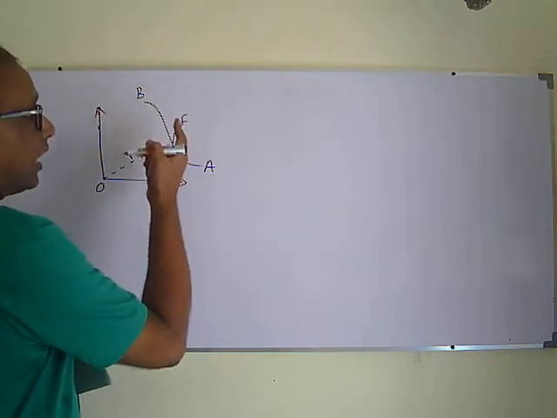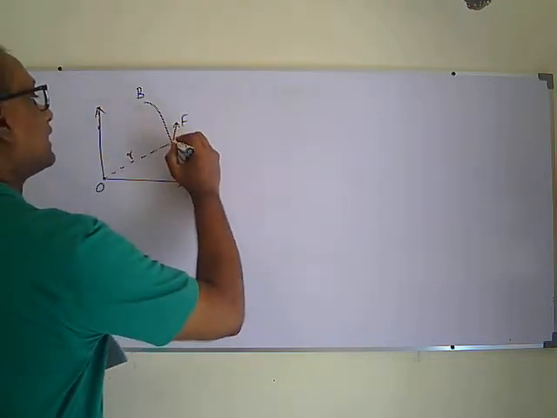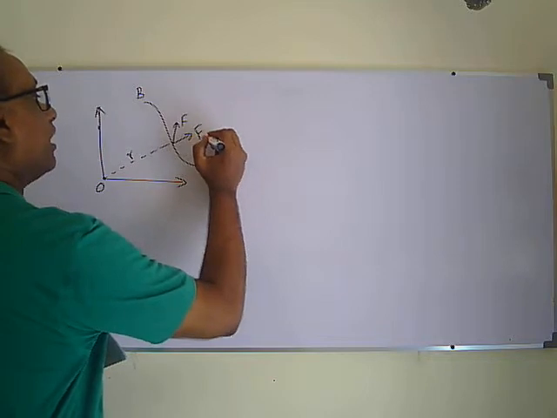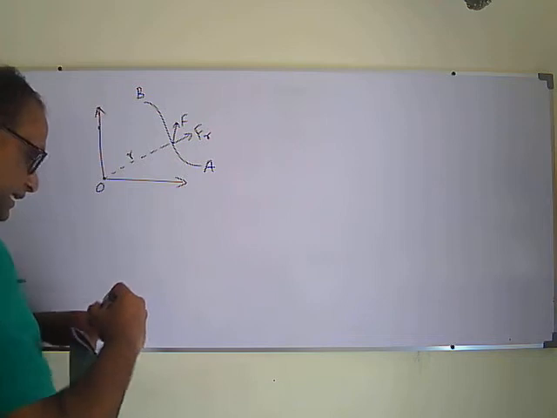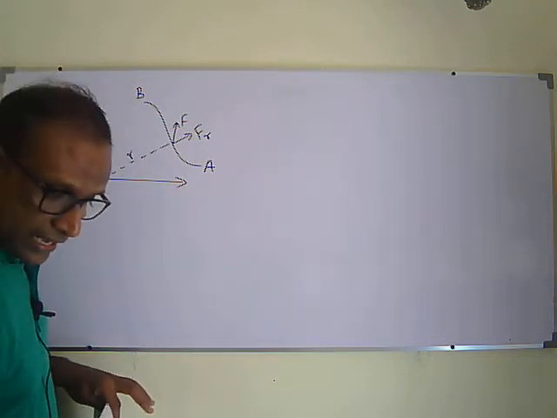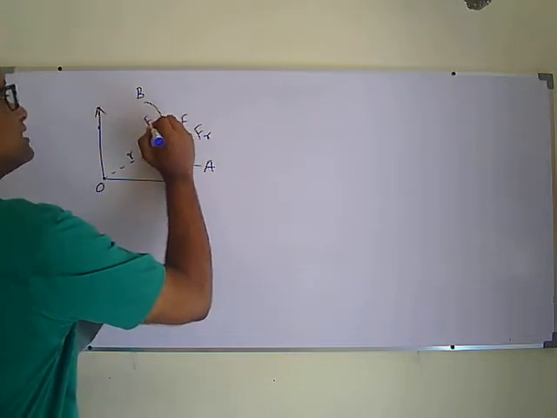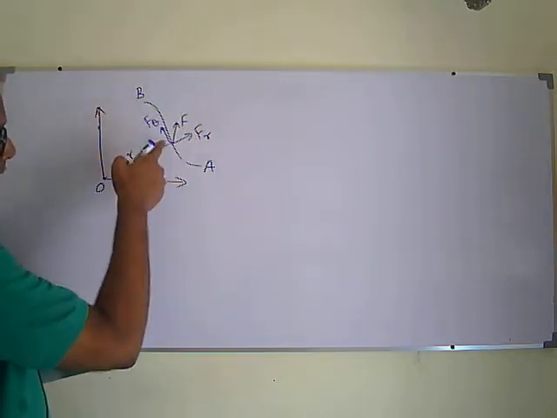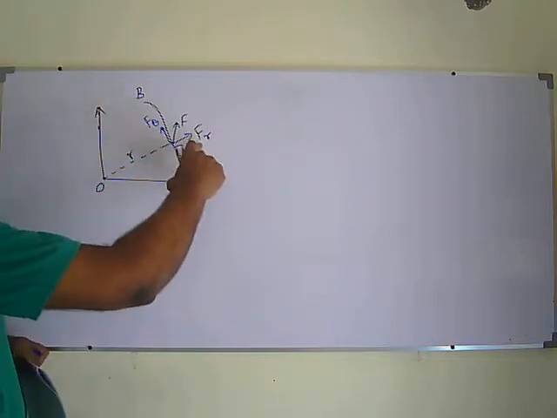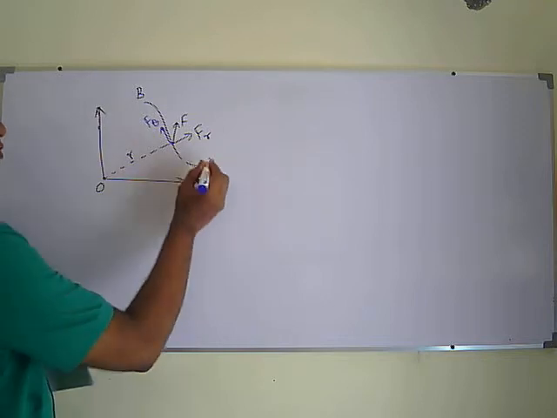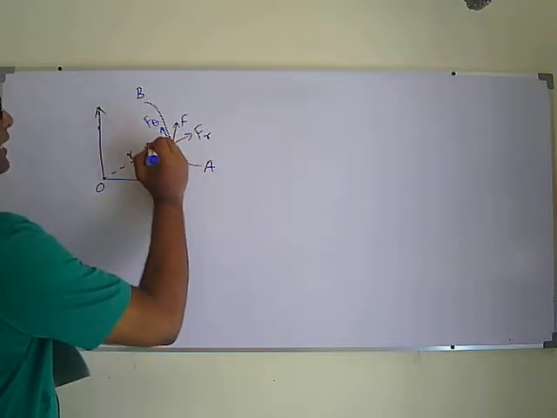I can have components of this force along the radial direction, Fr, and perpendicular to that direction, the component F theta. Along the radial the component is Fr, and the object is moved along the path A to B through a small distance, imagine delta x.